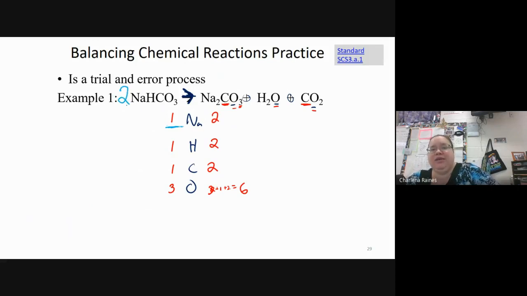So I put a 2 here. That not only changes the Na's, but it changes everything in that sodium bicarbonate. So I now not only have 2 Na's, I have 2 H's, 2 C's, and 6 O's.